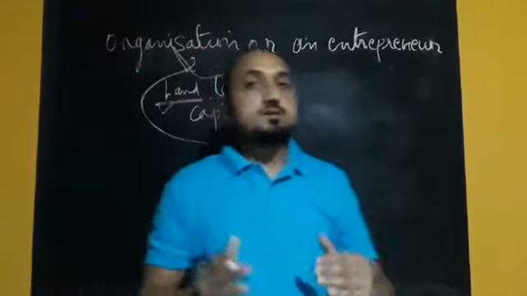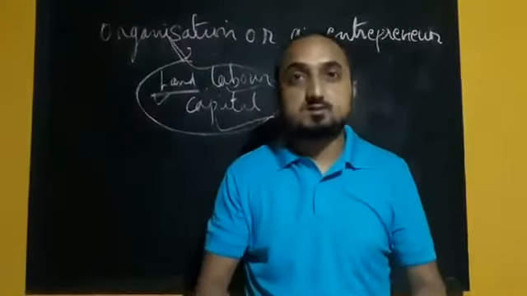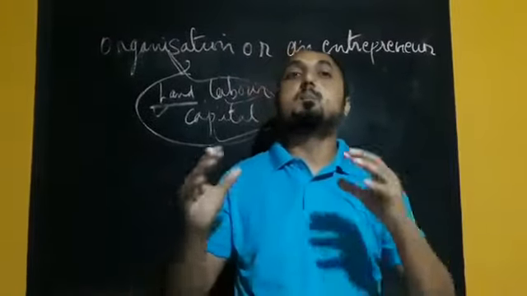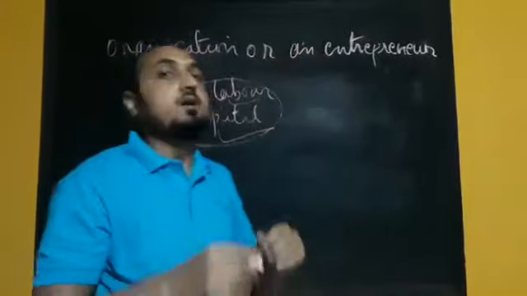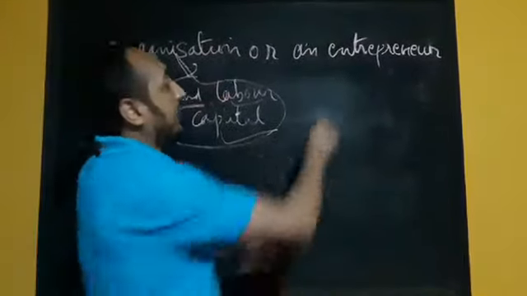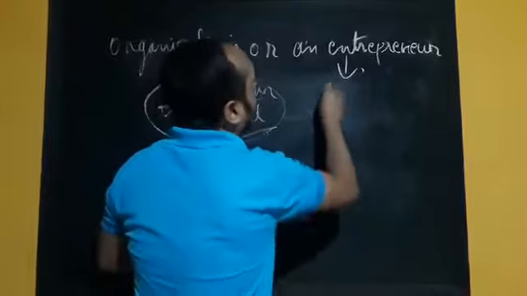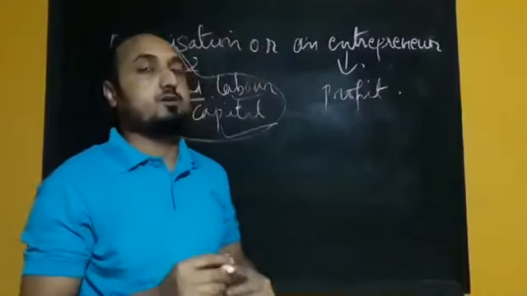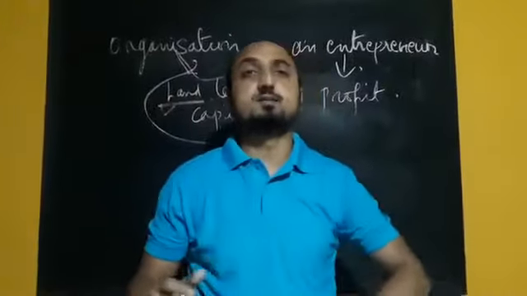So the organization is the one who organizes, manages and takes risks in the business process, and the reward for this organization or entrepreneur is profit. Profit is the reward for this organization.